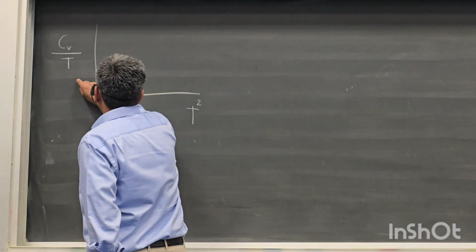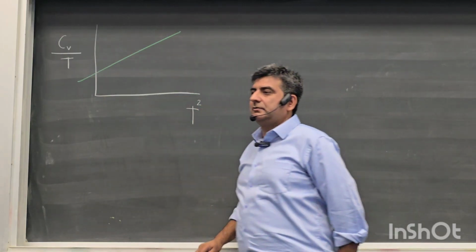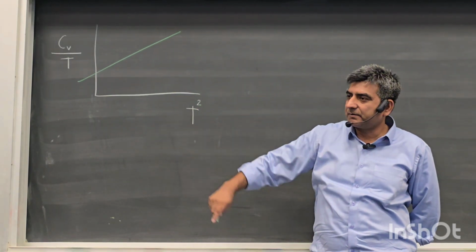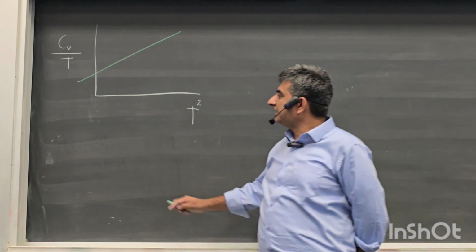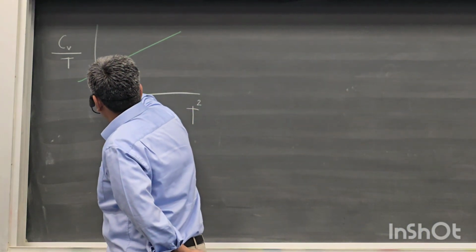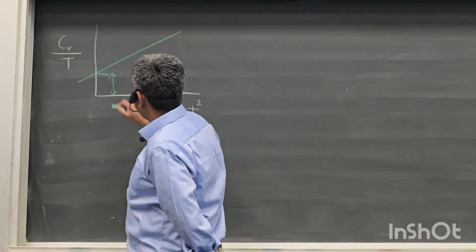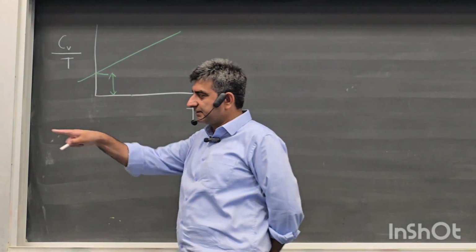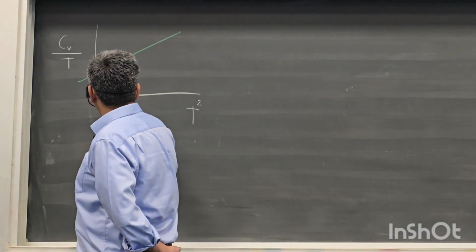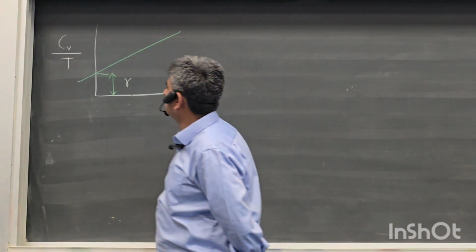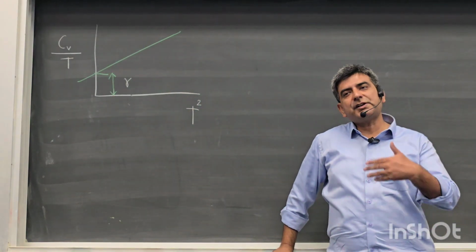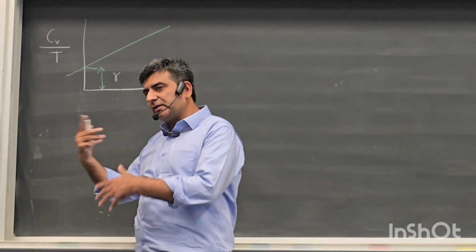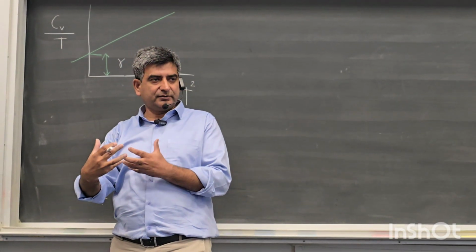You should get a straight line, right, just by looking at the expression over there. So this intercept, what is this intercept? That's gamma. That's the gamma that I've written over there.